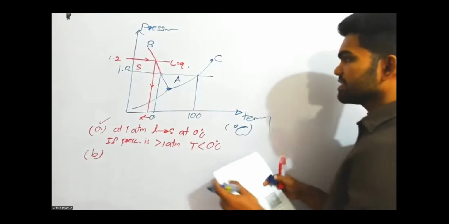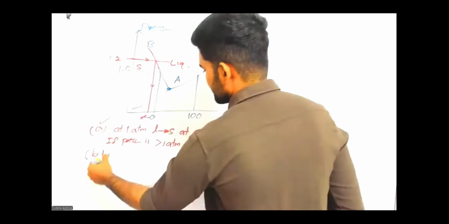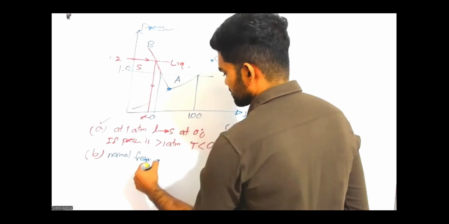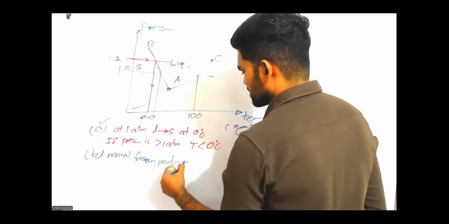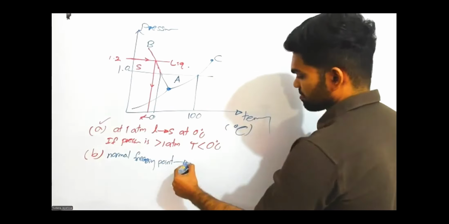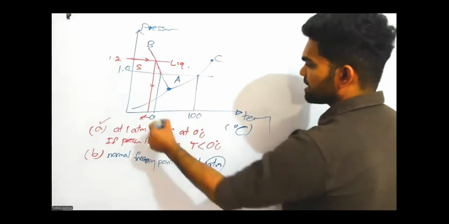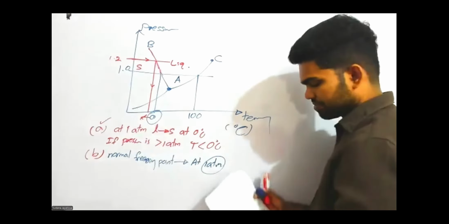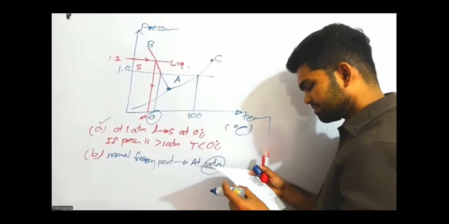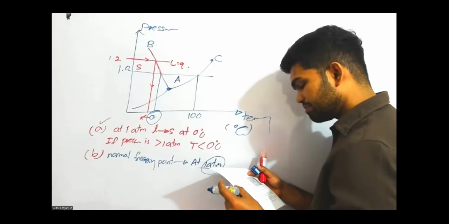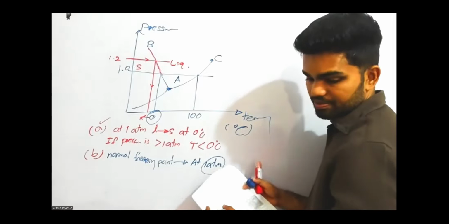Normal freezing point means at 180 m, where it freezes at 0 Celsius. If the pressure increases, the freezing point of the liquid is higher, not higher, it will become lower.